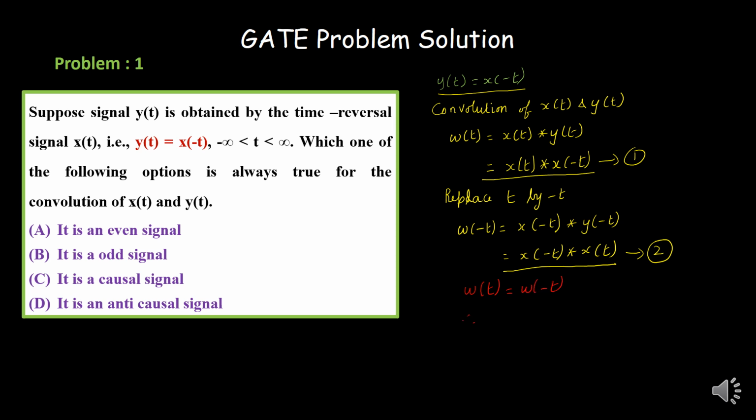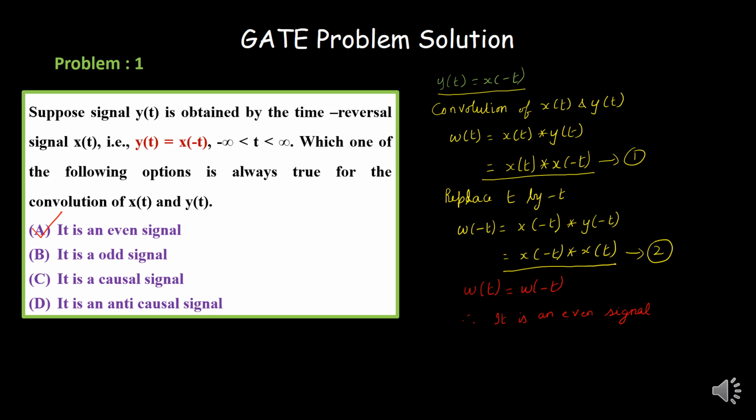Therefore, the convoluted signal is an even signal. So no need to check whether it is a causal or non-causal signal. It is an MCQ type of question, so we can conclude this is an even signal. So option A is the correct one for this problem.